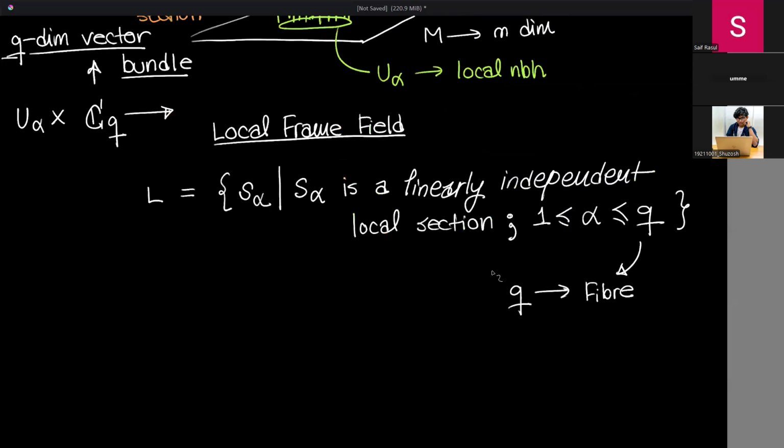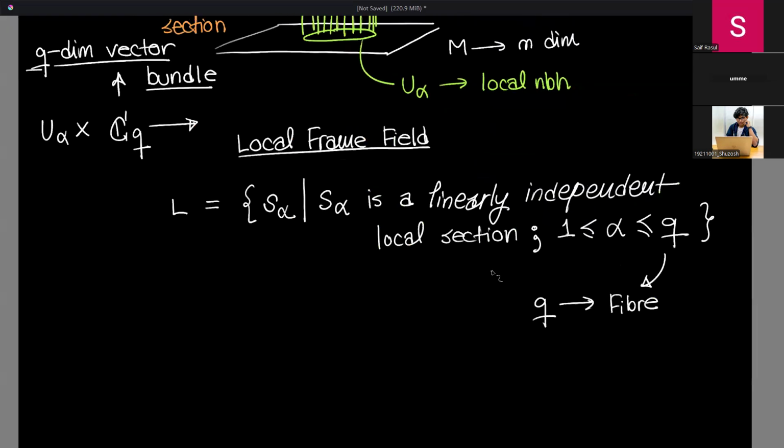So when we want a local frame field, it needs to have as many sections as the dimension of our vector bundle, as in the dimension of the vector spaces on that vector bundle.